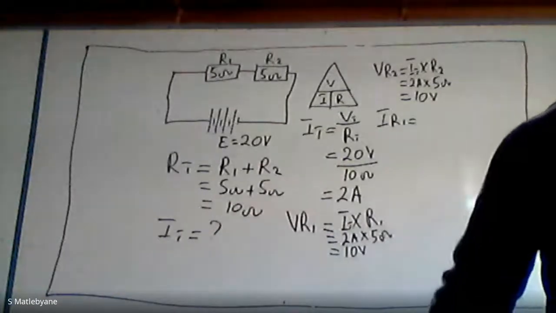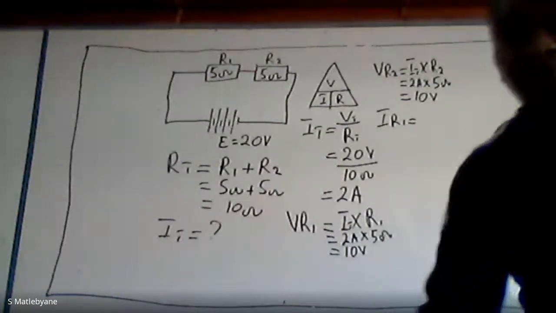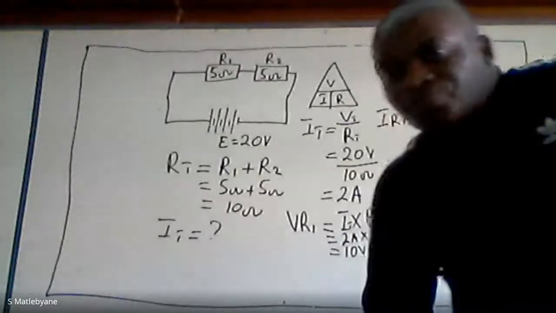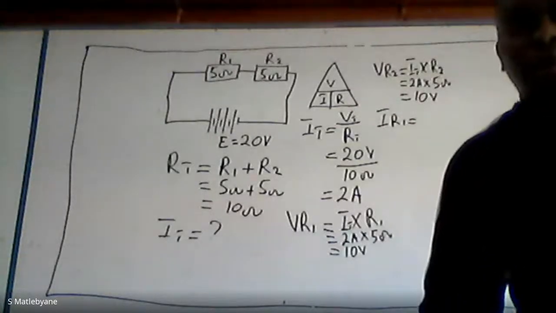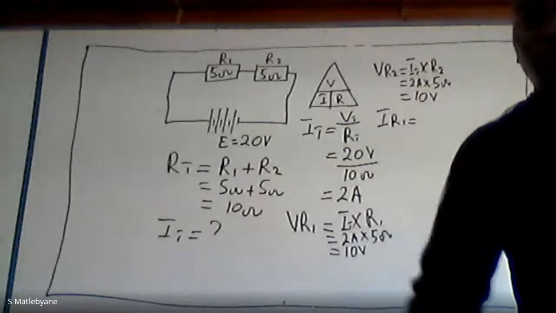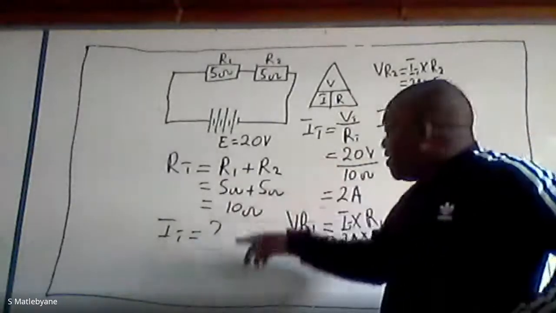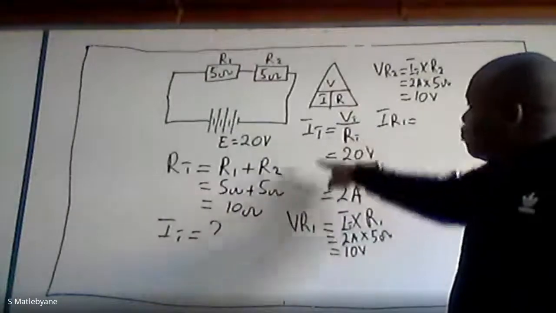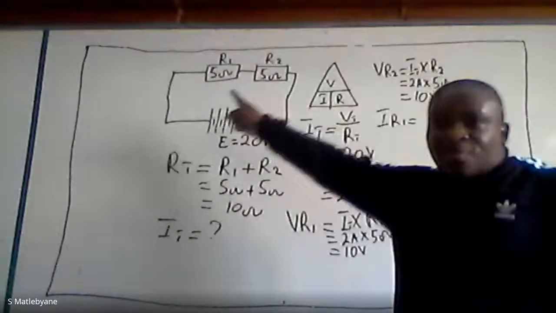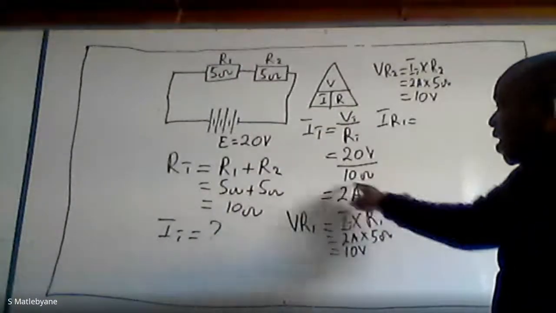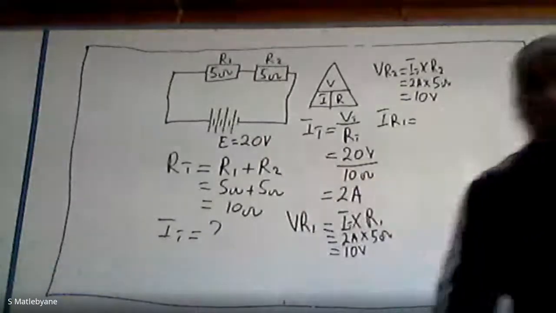Current across resistor 1? 70. That's impossible. So if you are saying it's 60, you are telling me that the current across resistor 1 is bigger than the total current across the entire circuit.